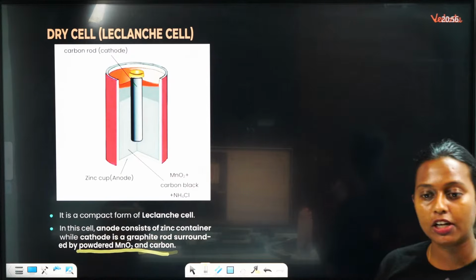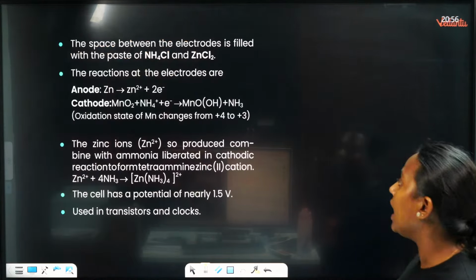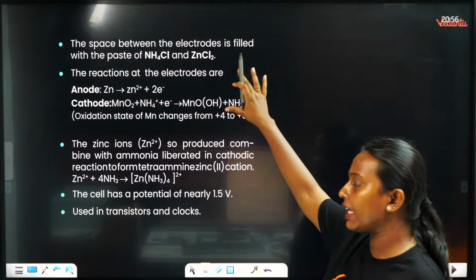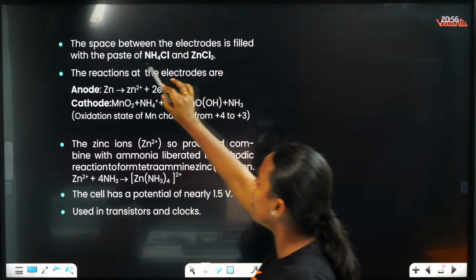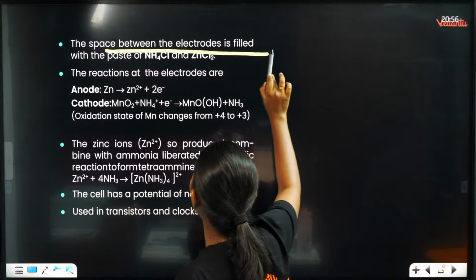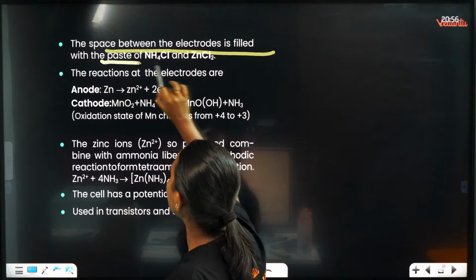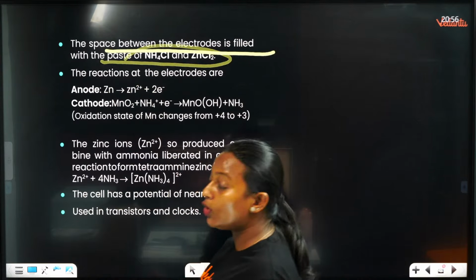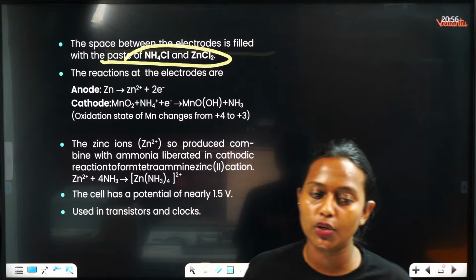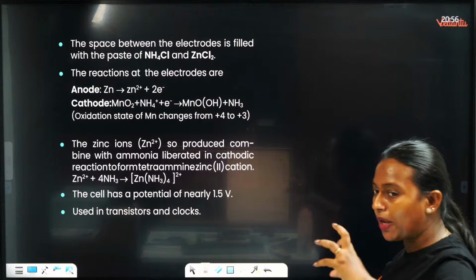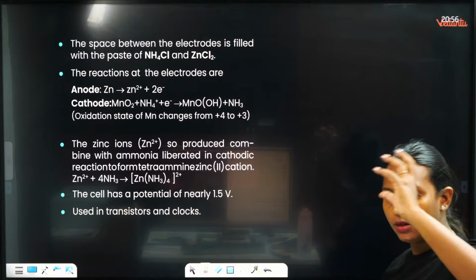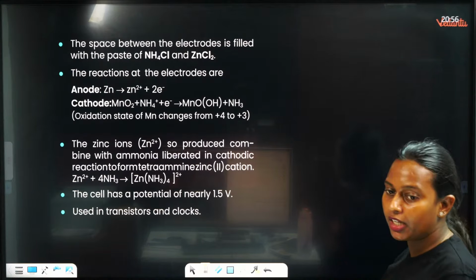Here you can see the anode reaction, cathode reaction and electrolytes. The space between the electrodes is filled with a paste of NH4Cl and ZnCl2.